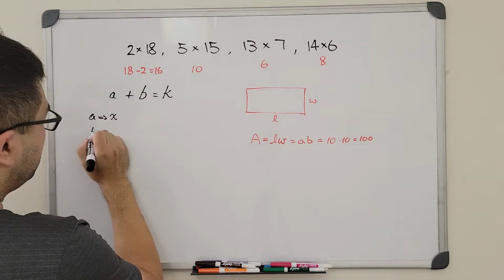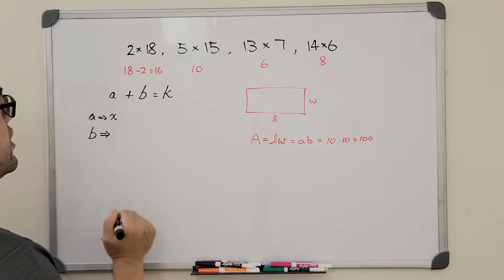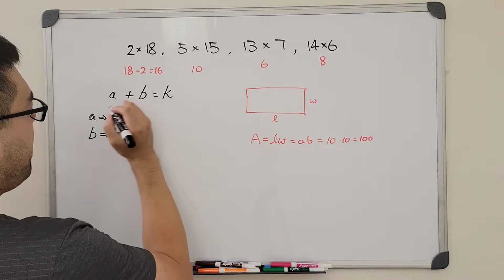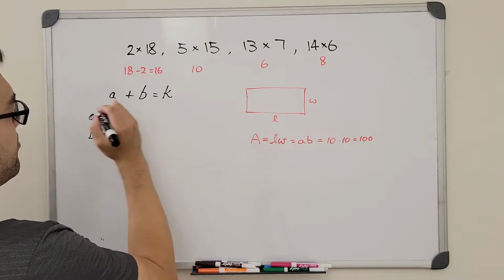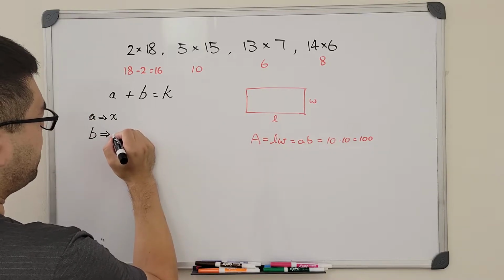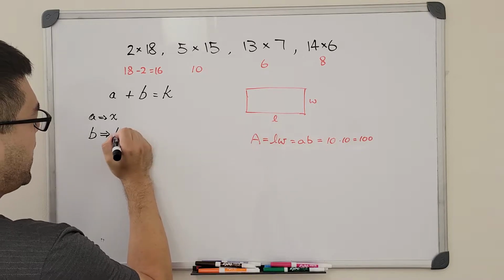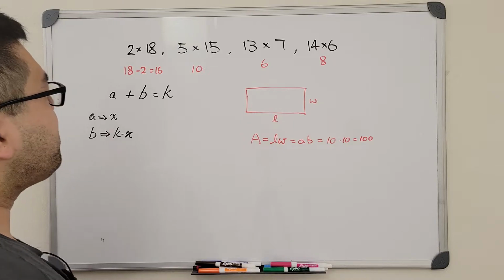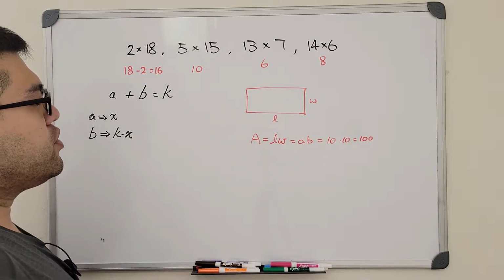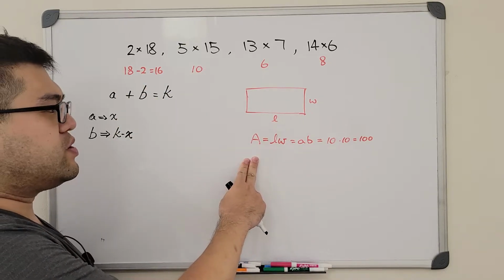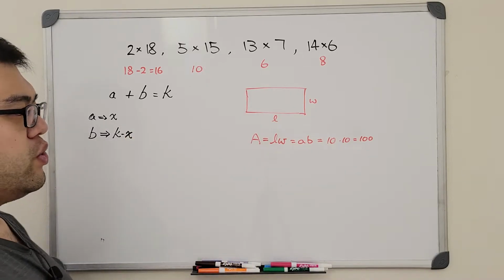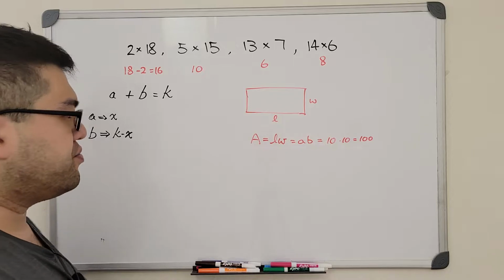And then for the second variable b, we substitute to get that b is equal to k minus a, which is x, so that b is replaced by k minus x. And now we want to find out why it is true that when these two values are the same, it will give us the maximum value.